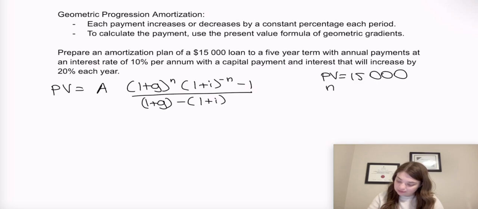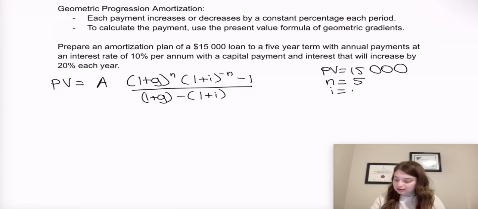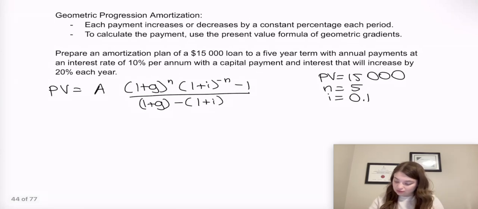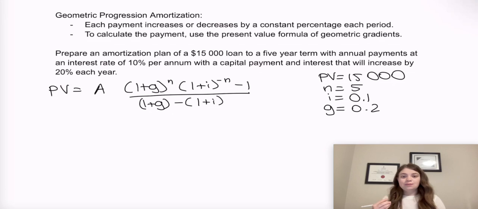Then n is the number of years. It's a 5-year term, or number of periods, and in this case a period is a year. The interest rate per period, since it's yearly, is 0.1, or 10%. And g, the gradient, is 0.2 for 20%. The payments will increase by 20% every year. So let's plug all these values in and solve for A.